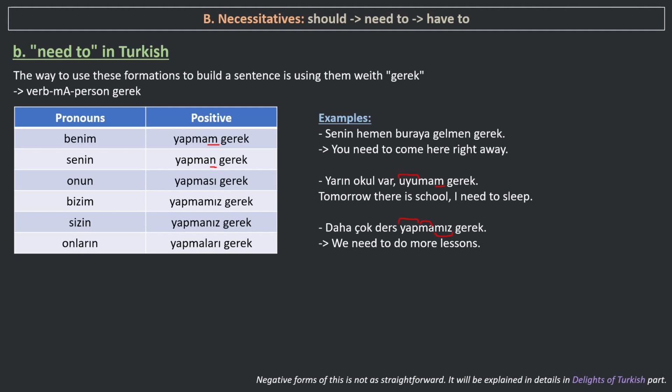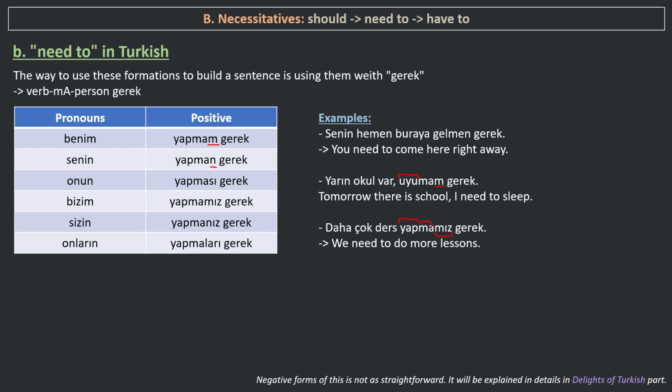Beni aramayı bırakmaları gerek. So bırak is the stem of the verb. And bırakma makes it a verbal noun. So leaving, or stop doing something. Ları is the personal ending.